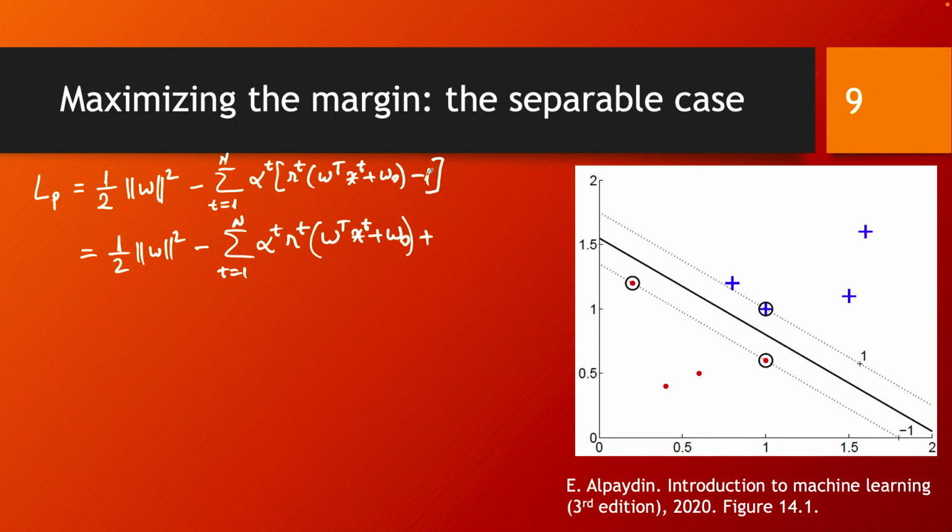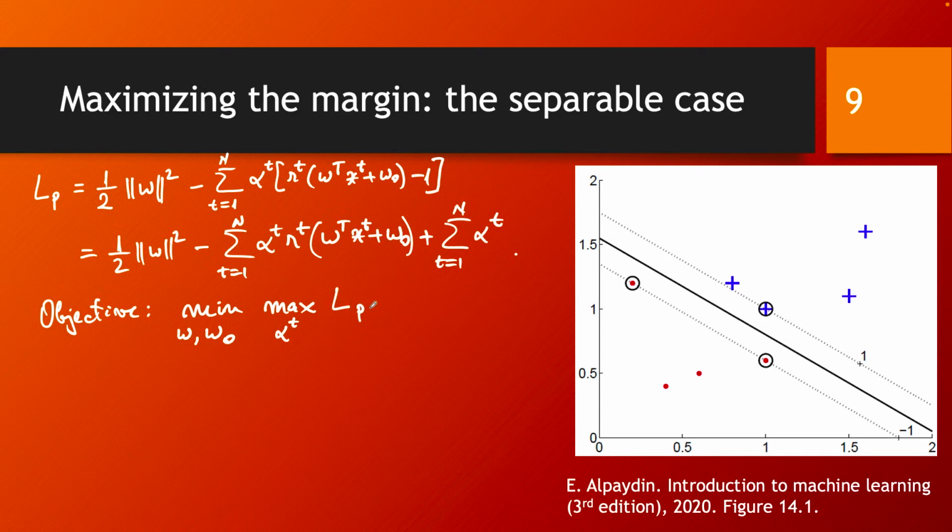And then it's plus, and that's the term corresponding to this 1, plus the sum from 1 to n of alpha t. And the objective here is that we would like to minimize with respect to W and to W0. And I'll comment in just a moment on why it is a maximization by all these alpha t, or by the whole vector alpha, of the Lagrangian function.